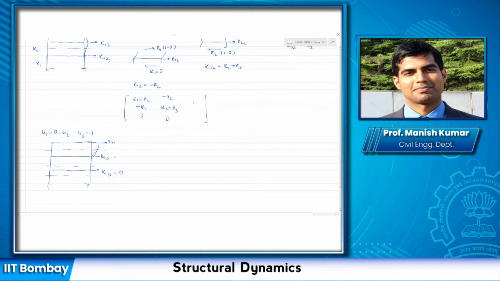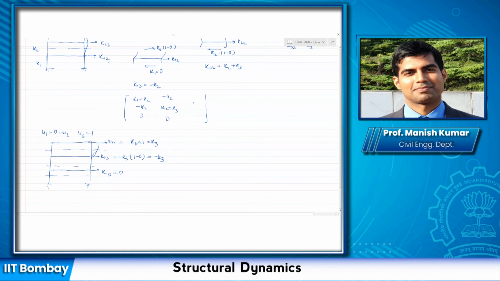K23, let me write it as equal to, in this case, forces due to above, which would be K3. Okay, and in this case, it would be equal to minus K3 times U3 minus U2, so it becomes minus K3, and K33 would be simply equal to K3 times U3 minus U2, which is equal to 1.